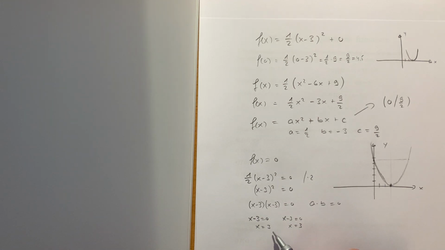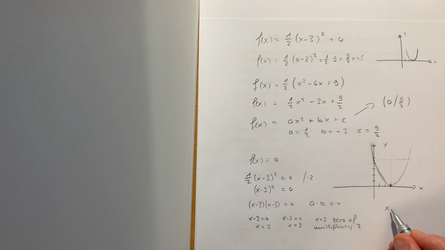So it's 1 zero of multiplicity 2. X is equal to 3, zero of multiplicity 2. Well, in German, doppelte Nullstelle.